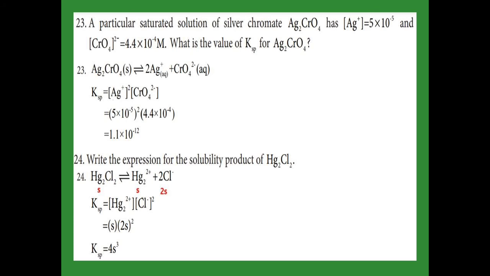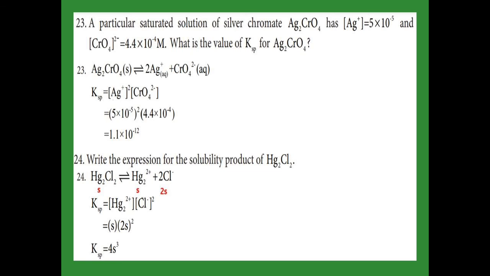Then question 24. Mercury chloride, Hg2Cl2. We have to find the solubility product. The mercury chloride in water splits as Hg2 2 plus and Cl minus. On the reactant side we have 2 chlorines, so in front of chlorine minus we have to put 2.